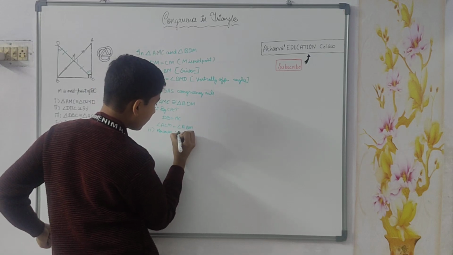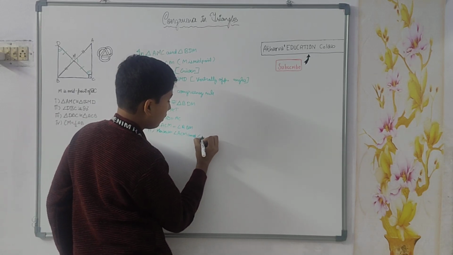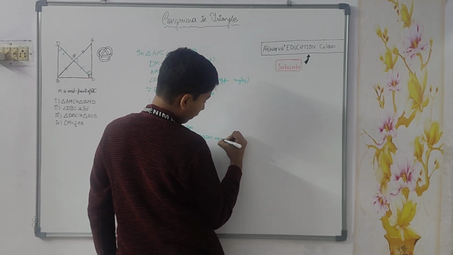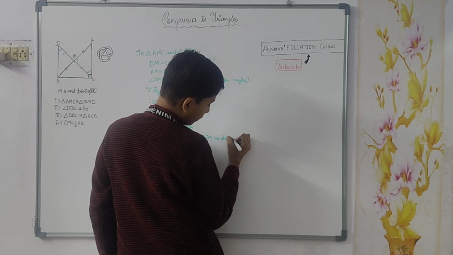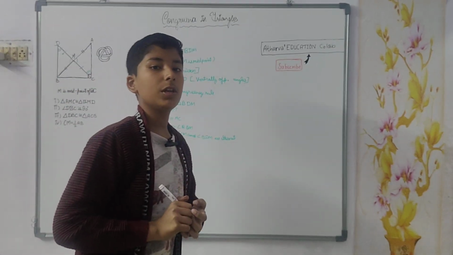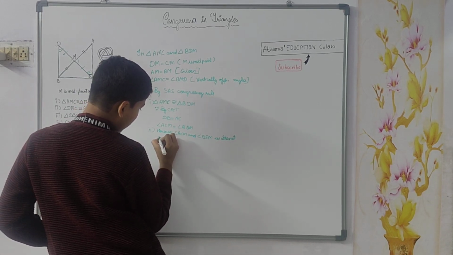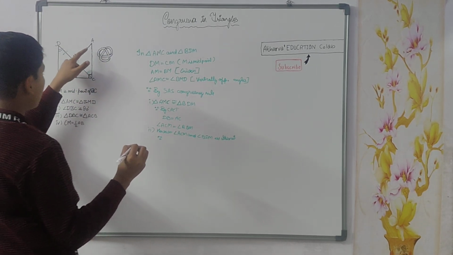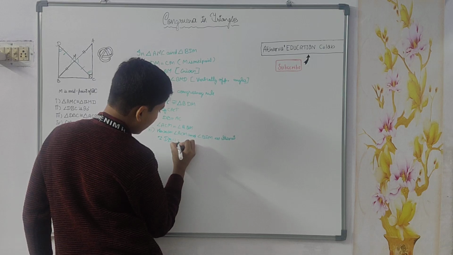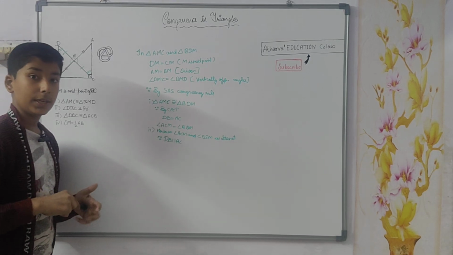However, angle ACM and angle BDM are alternate also. You can see that these can be alternate, and only alternate angles are equal like this. So we can write therefore DB parallel to AC. Okay. Now you will have to see carefully.